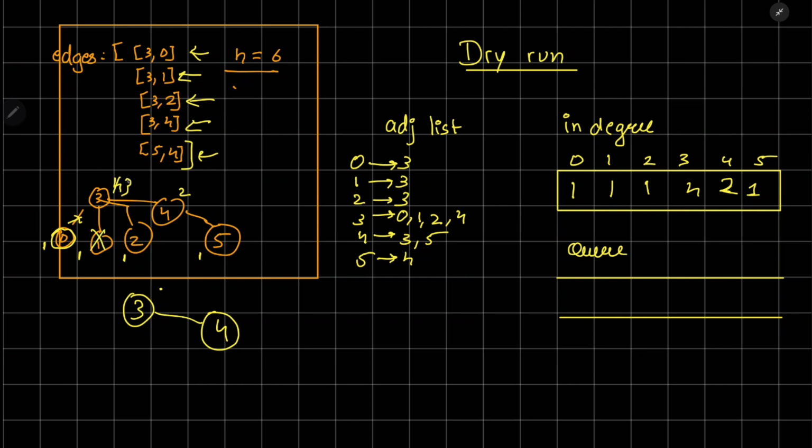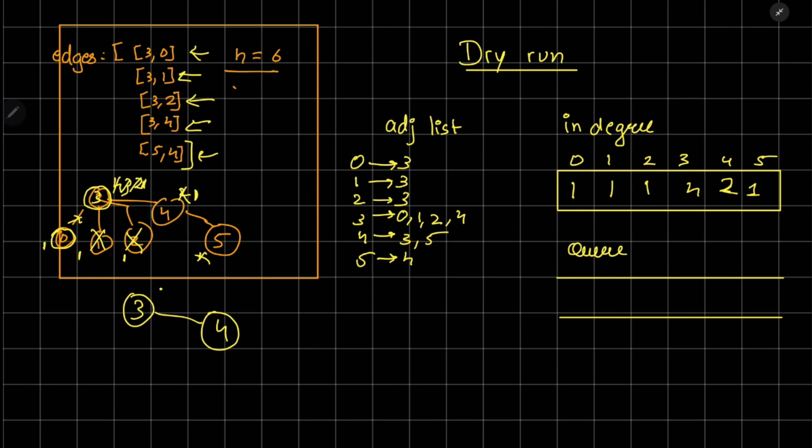Then this will be gone, so the degree will become 2. Then this will be removed, so the degree will become 1. And now the degree has become 1, so 3 itself is now a leaf node. Now when 4 is removed, the degree will be 1, so 4 has also become a leaf node.